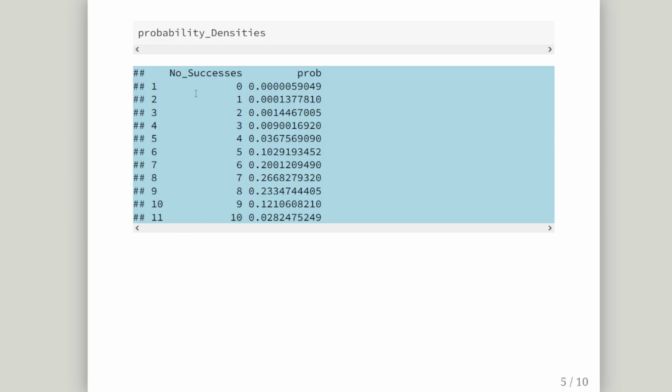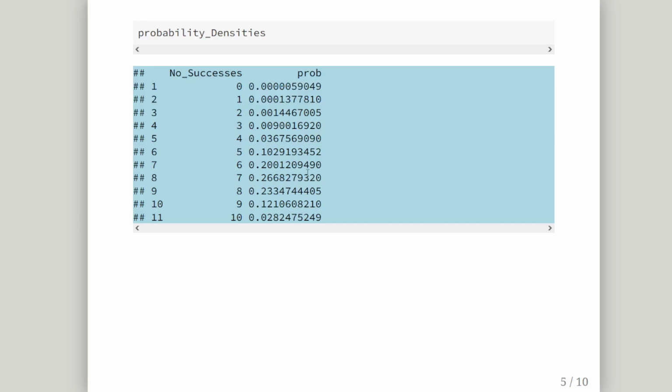Now disregard this column here, that's just a row index, so we won't pay any attention to that. So the number of successes, 0, 1, all the way down to 10, and beside that is the probability of that number of successes.